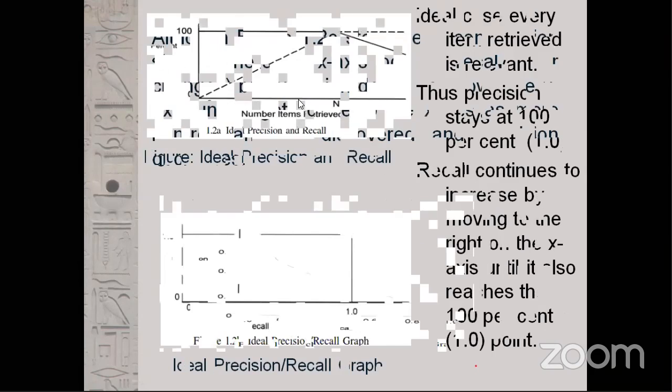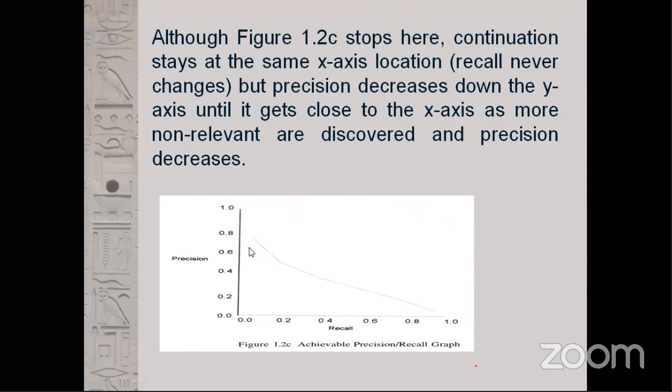Just observe this particular graph. Once my precision is at 100% or 80%, from that point onwards it falls again, because now all the non-relevant documents are retrieved and it reaches the 0th position.